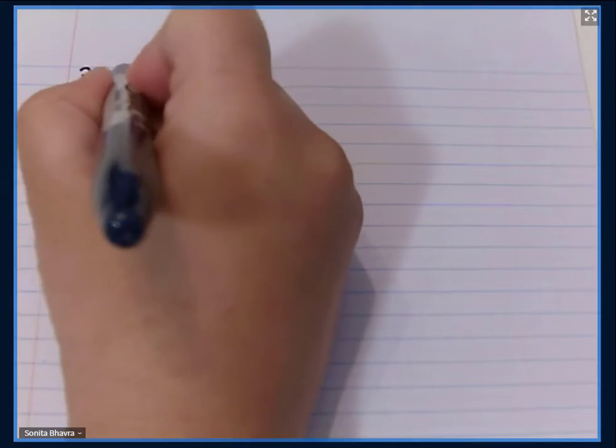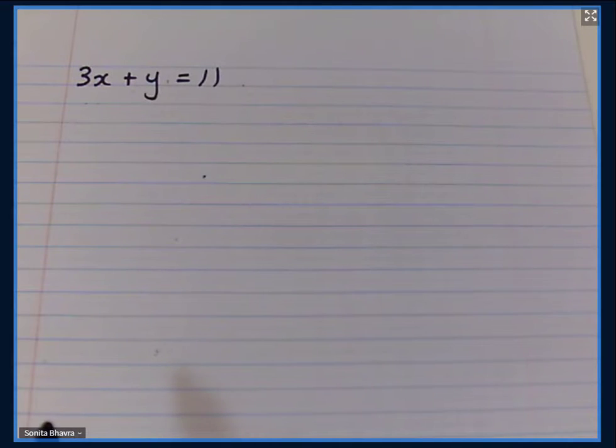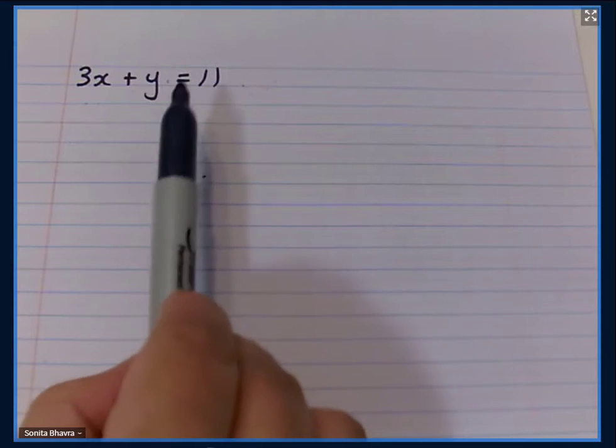The first equation was 3x plus y equals 11. We just have to put this into a form so that we can graph it. Very easy, this is already just y.